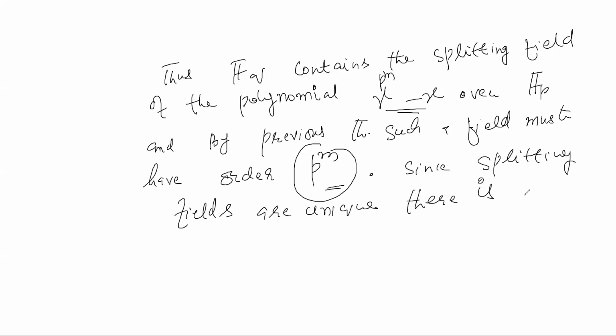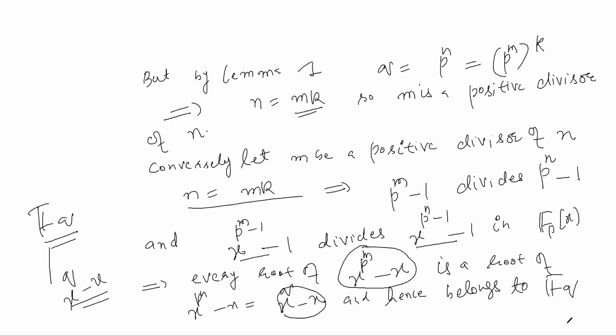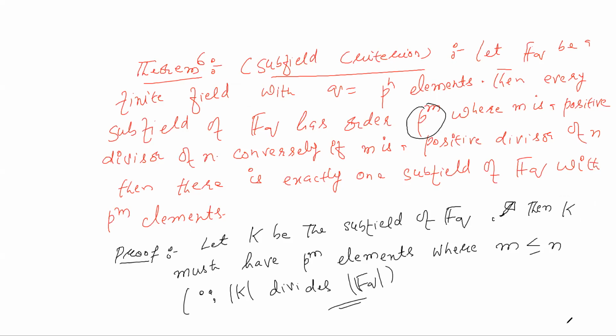So we have seen a very important characterization for subfields of a finite field. They have precisely the order p raised to power m, where m is a positive divisor of n.